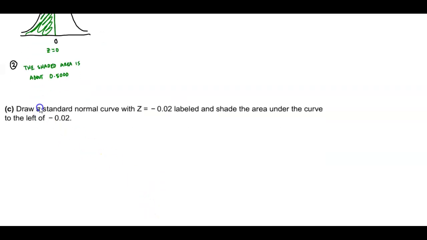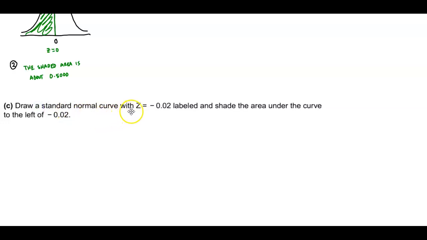Okay, now Part C says draw a standard normal curve with z is equal to negative 0.02 labeled, and then shade the area under the curve to the left of negative 0.02. So again, let's draw our bell curve.